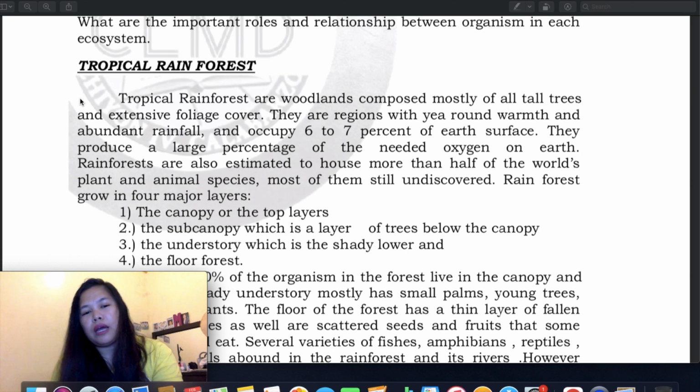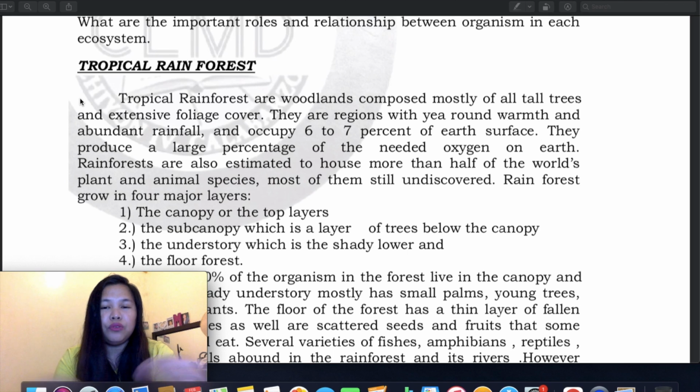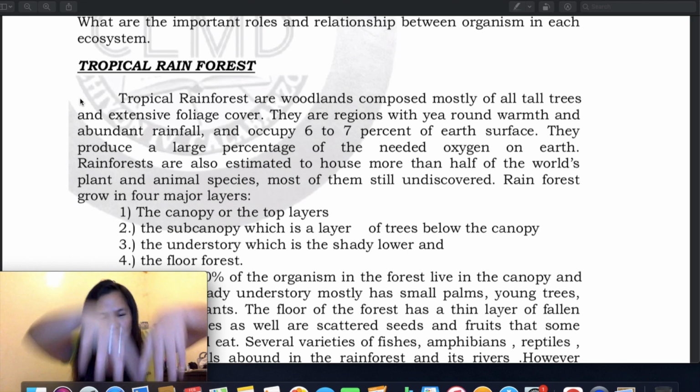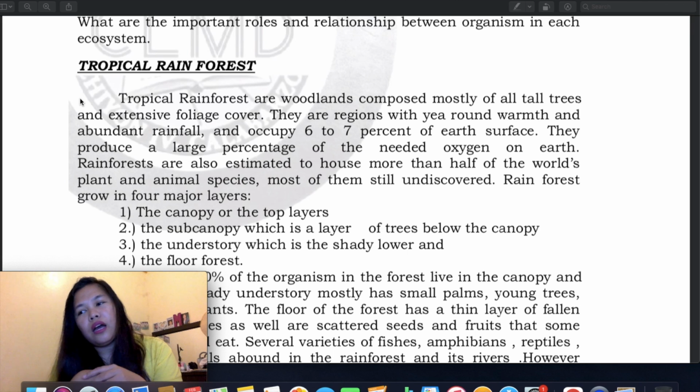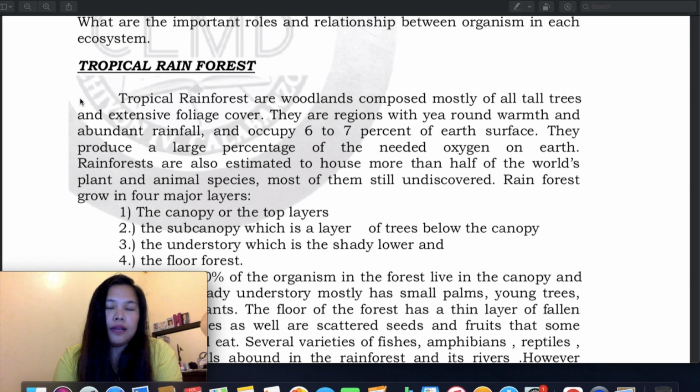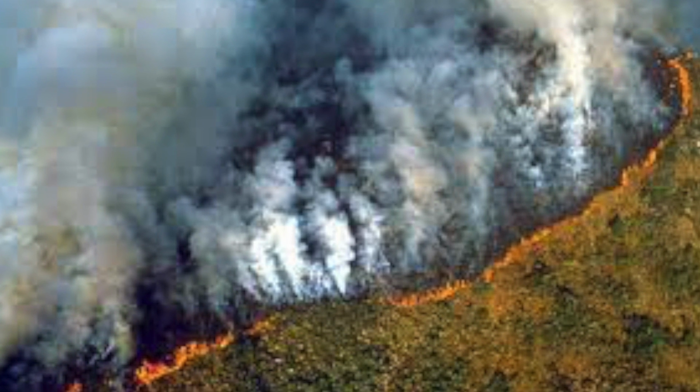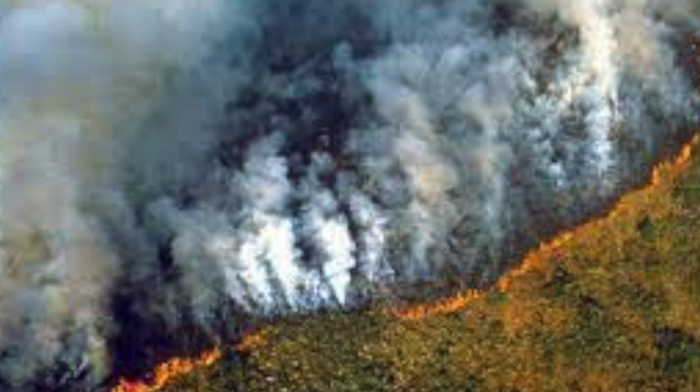So when we say woodlands, mga puno, composed mostly of tall trees. So mga nakikita natin sa mga movies na there's a lot of tall trees there in their forest, just like the Amazon rainforest. Yung nabalitaan nyo last year na natural naman siyang nasusunog dahil sa sobrang init na.